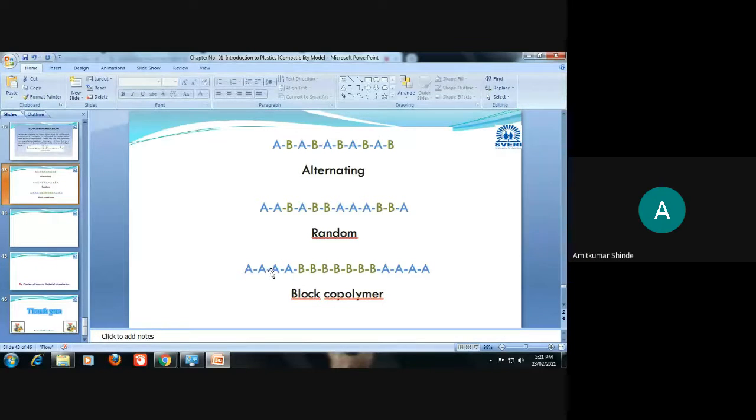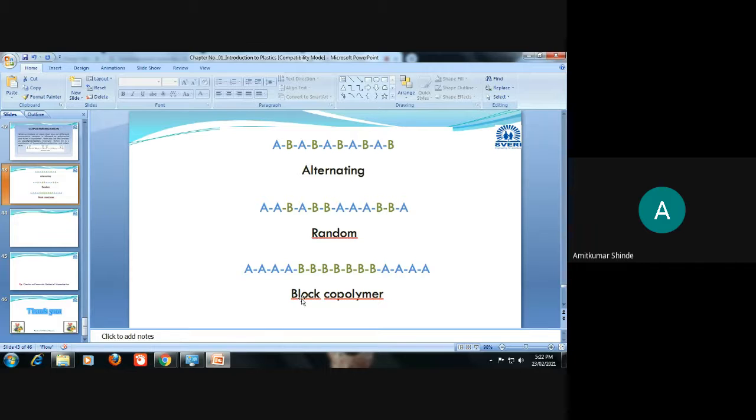In this way, one branch will be like this, one branch will be like this. Here also one branch will be like this, or on this side. In the graft copolymerization, the formation of that particular attachment of the chain may have branches.